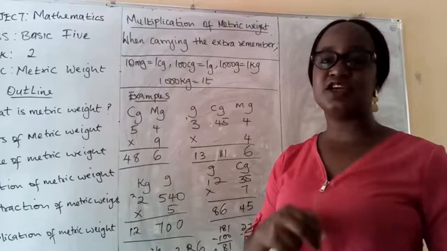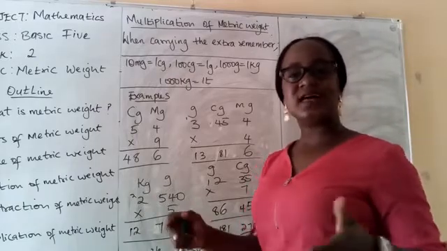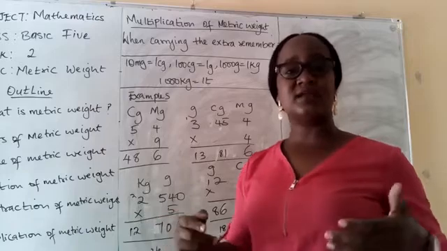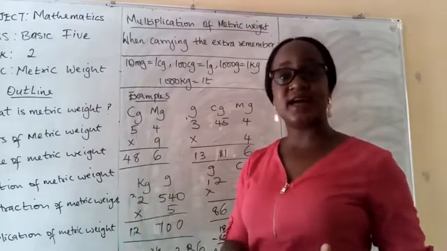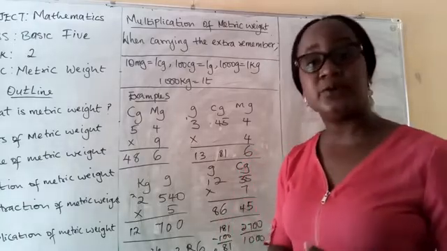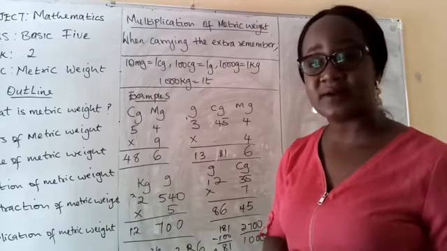Now 1000 kilogram gives you your 1 metric ton. Now with that as your table of units, you can derive others, right? You can derive that 1000 milligram will give you 1 gram. 100 centigram will give you 1 gram, right?